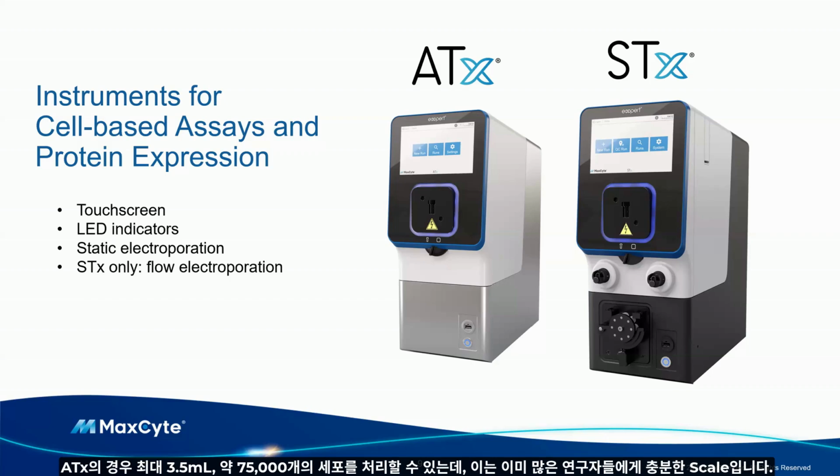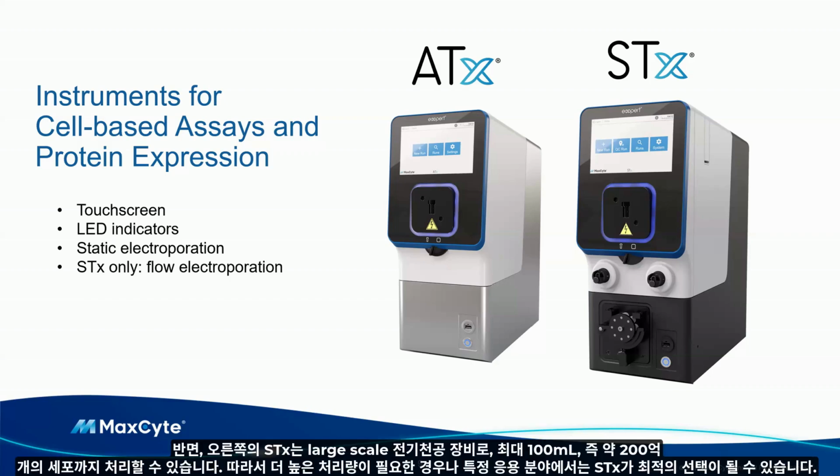That is a lot of cells already, and sufficient for many researchers here. The STX, on the very right side, is our flow electroporation instrument. I'll show you what that means later, but it allows you to do up to 100 mLs of cells, or around 2 billion cells. So if you need high throughput for whatever application, you can do that on the STX.